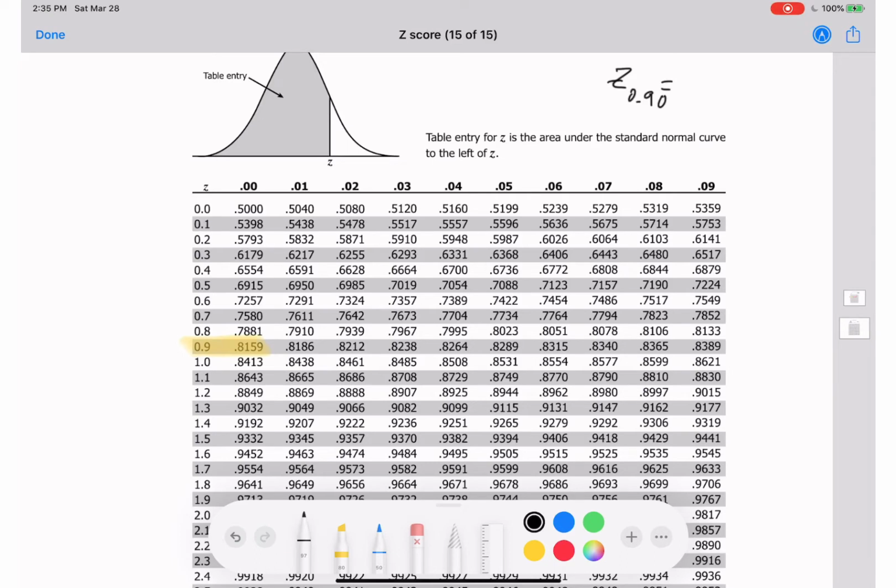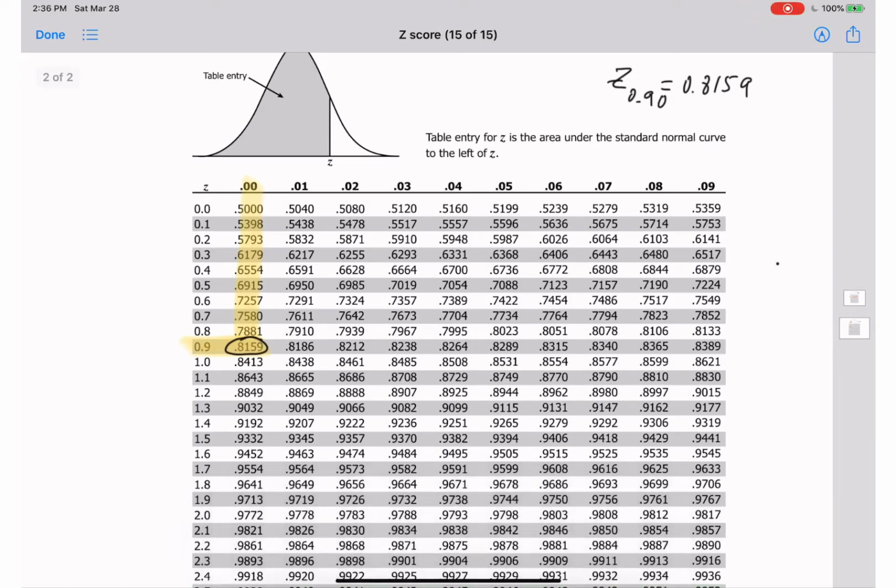So we take this second position as a 0, and my answer is going to be 0.8159. Now let me refresh your memory one more time before I move on.